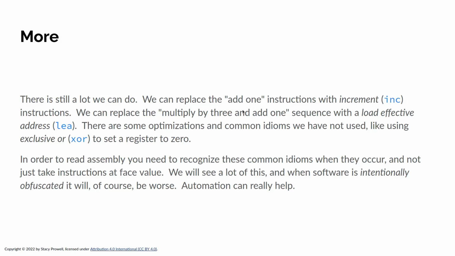It turns out I can get rid of the multiply by 3 and add 1. There is a dirty trick that I will cover in a future class using an instruction that looks nothing like that, called load effective address, which is commonly used to do this kind of math very fast.